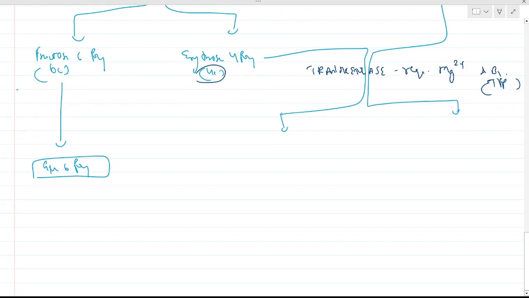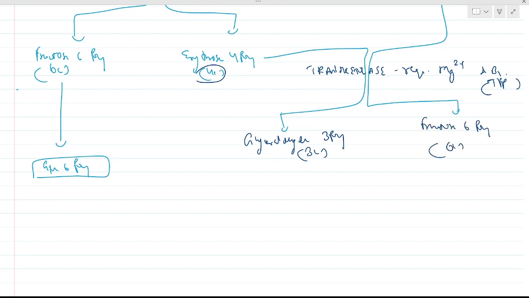Okay, and how will we differentiate it? A 3-carbon compound will first be produced, that is glyceraldehyde 3-phosphate. Three carbon is gone, remaining 6-carbon. What will be produced? Fructose 6-phosphate, which is of 6-carbon. Now this glyceraldehyde 3-phosphate and fructose 6-phosphate will finally enter the pathway.